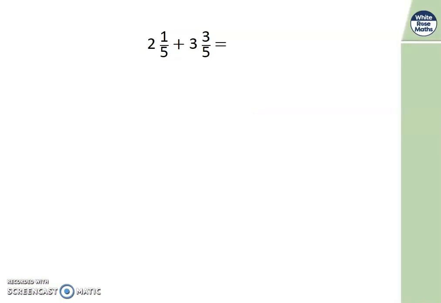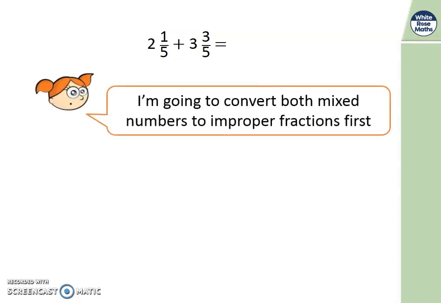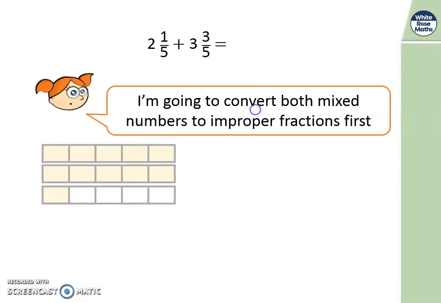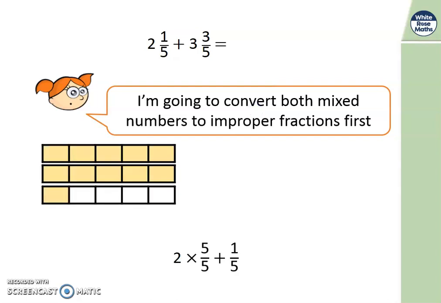Here we have 2 1/5, add 3 whole ones and 3/5. Here she says, I'm going to convert both mixed numbers into improper fractions first. This is a great method. It does work. Well, let's draw it out. There's 2 1/5. And you can see there we've got 5, 10 and 1 more, which is 11/5.